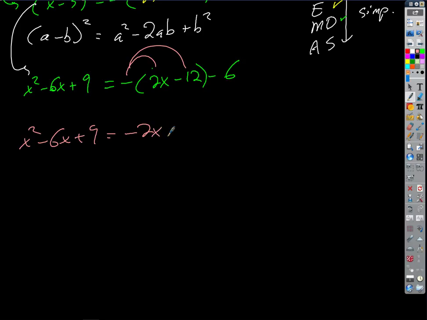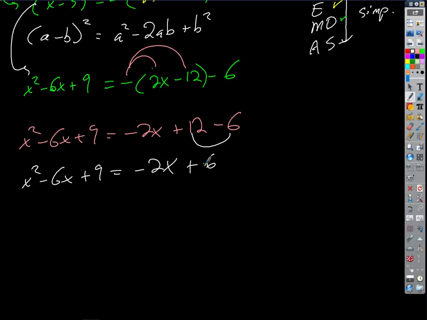So I get negative 2x plus 12 minus 6. And then last step, add, subtract. Anything to add or subtract? Yes. What? The 12 and negative 6. 12 minus 6. Okay, so that's just going to become a 6, right? So x squared minus 6x plus 9 equals negative 2x plus 6.